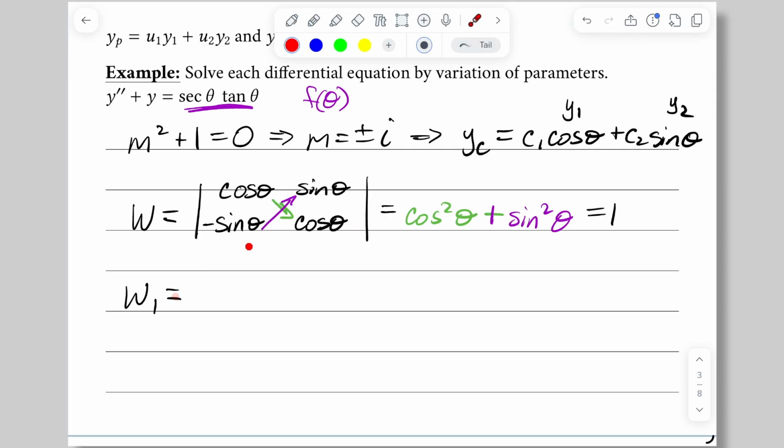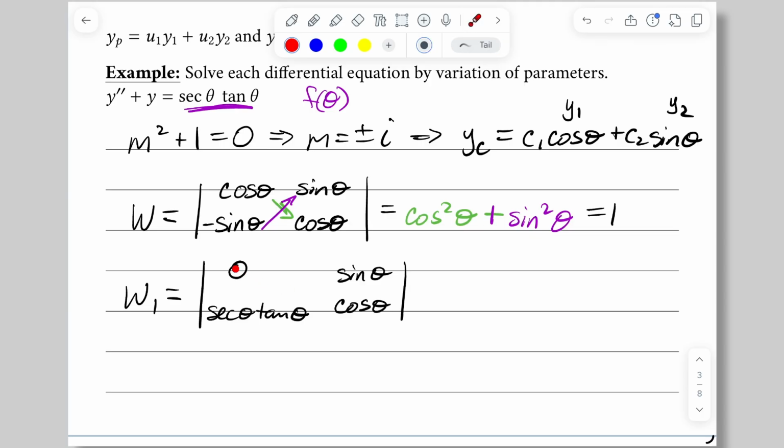W1 is the 2 by 2 determinant that we get when we replace the first column using 0 and f of theta, which in this case is the secant of theta times the tangent of theta. The second column is the same as what the Wronskian has, sine of theta, cosine of theta.